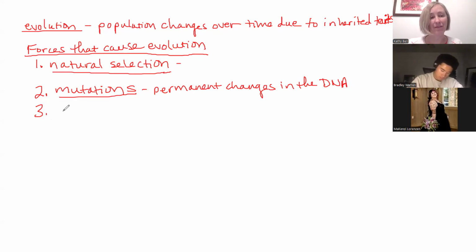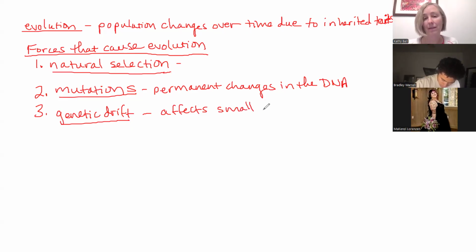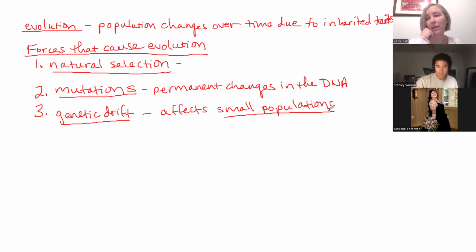And then we also have genetic drift. Genetic drift is going to affect small populations. These are just random changes due to chance.